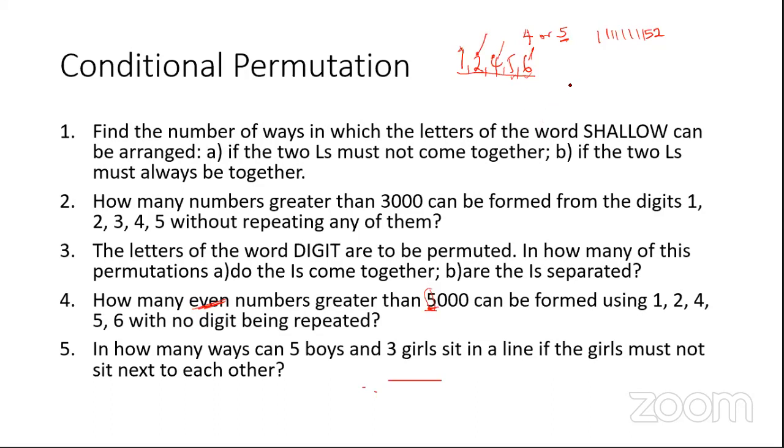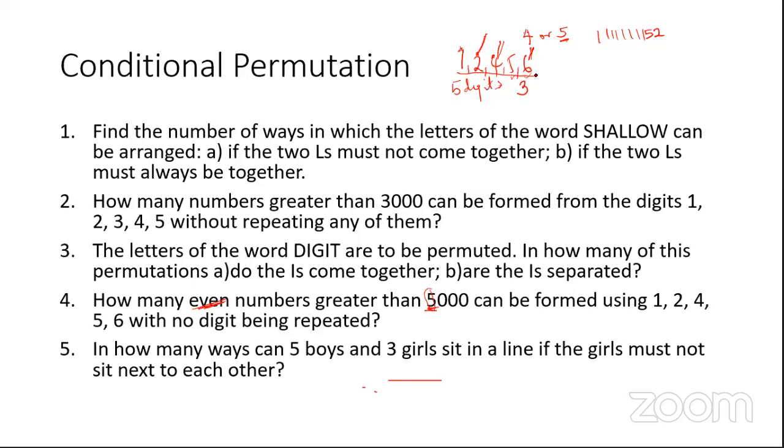You need to sort out how many numbers can end first. 6 can end, 4 can end, 2 can end, because they are even numbers. So I have 3 possible ways of ending for 5 digits. After picking the ending, I don't have any other problem again. I will have used one of those 3, so at the end of the day, I have how many numbers left? 1, 2, 3, 4.